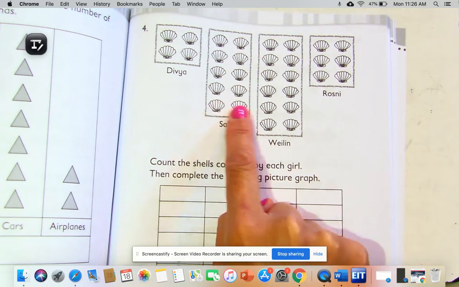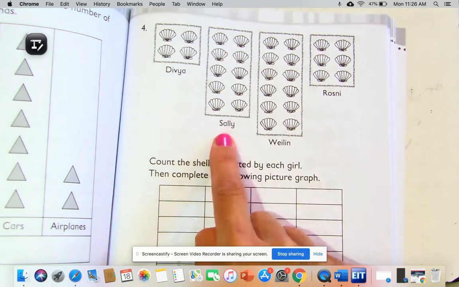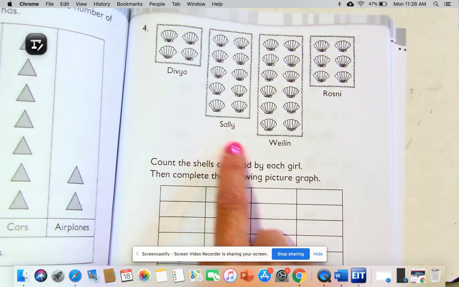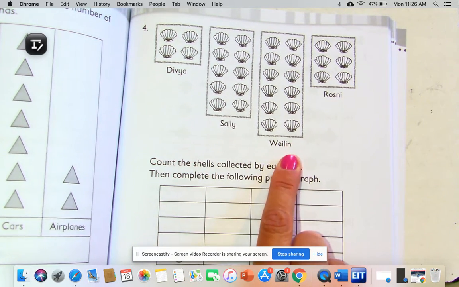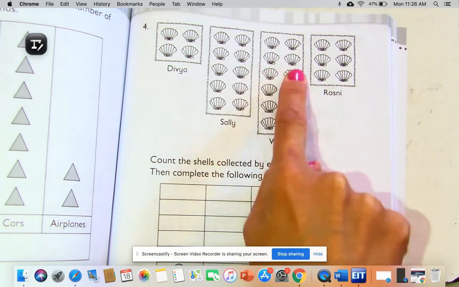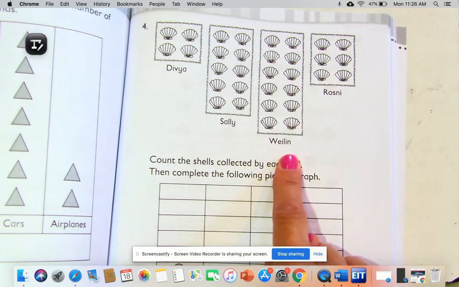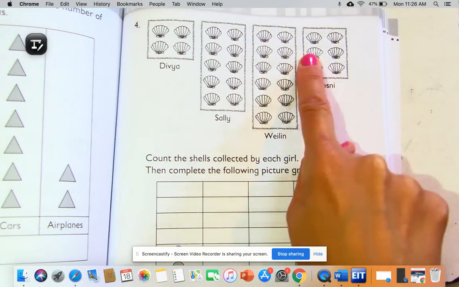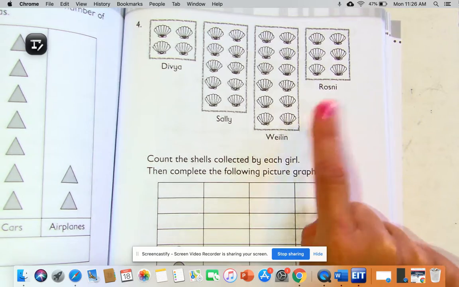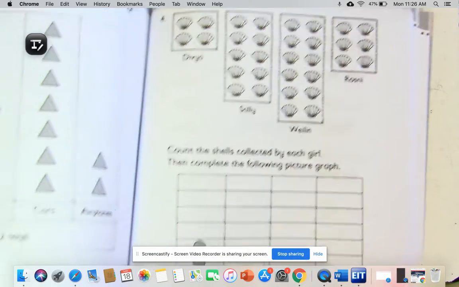Sally, 2, 4, 6, 8, 10. She collected 10 shells. Waylin, she collected 2, 4, 6, 8, 10, 12, and I would write 12. And then Rosny, 2, 4, 6, and I would just write a 6 there. That's going to make it easier for you to make your graph.